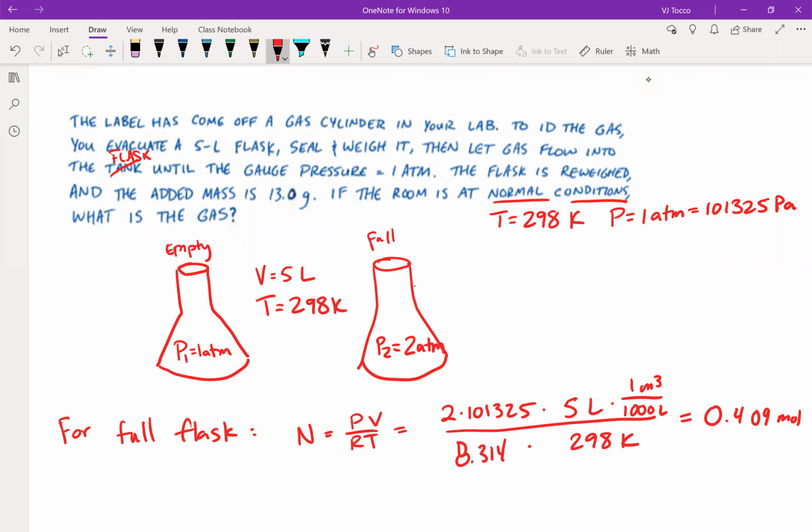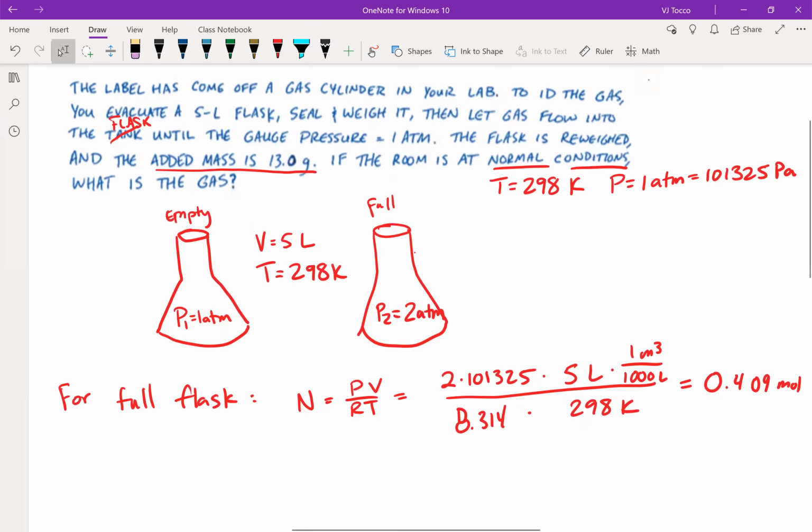Now, how would I get from the amount of moles added to the flask to an identification of the gas? Well, if I look back at the problem statement, I know that the added mass is 13 grams. So the fact that I'm adding 13 grams of mass while at the same time adding 0.409 moles means that I can calculate what that molar mass must have been.